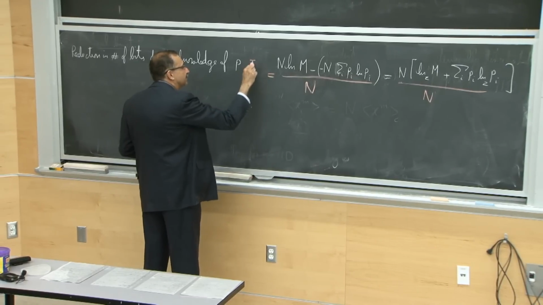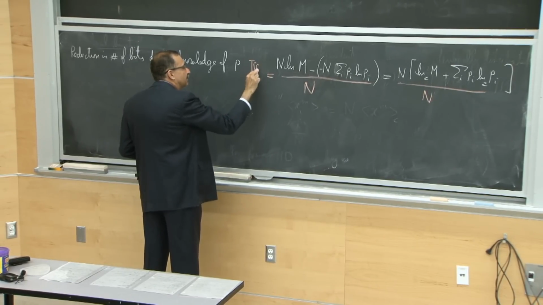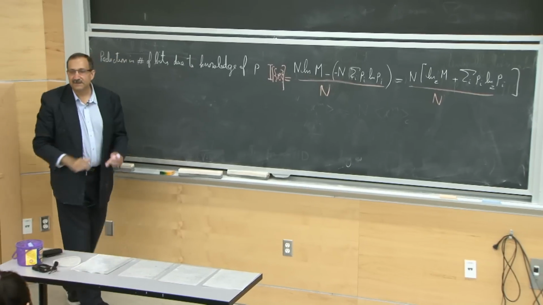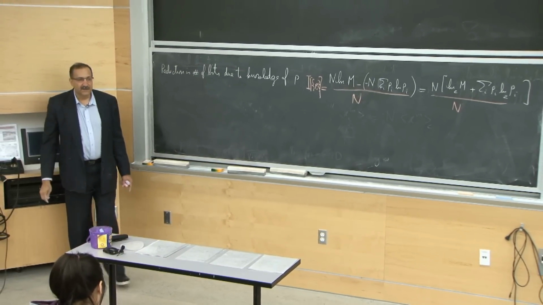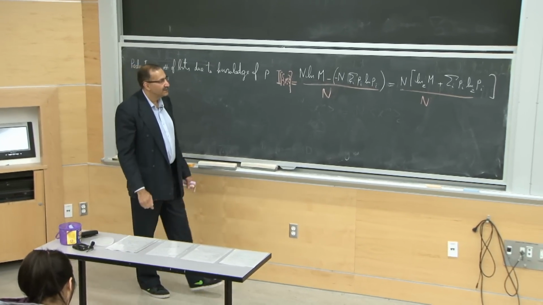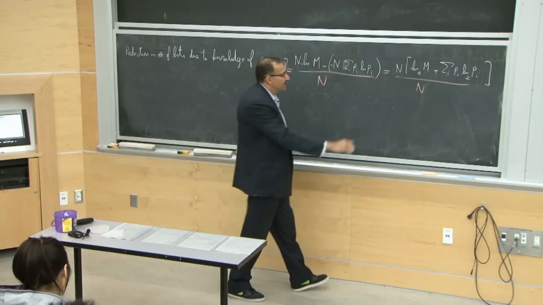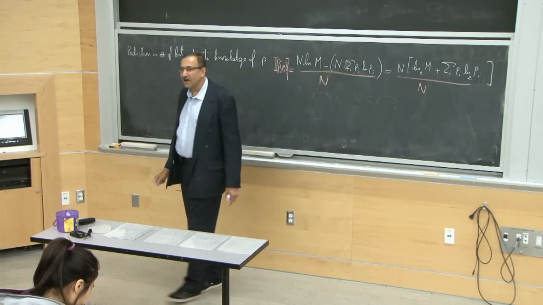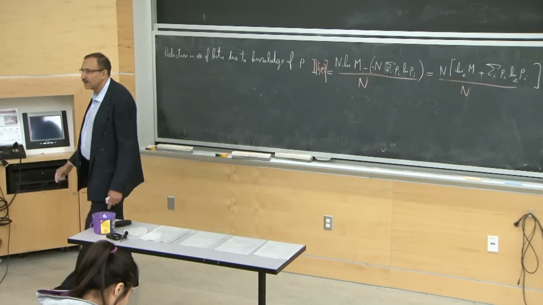And this is, given the knowledge of the probabilities, you really have gained an information per bit, which is the difference of log m and sum over i of p_i log p_i.